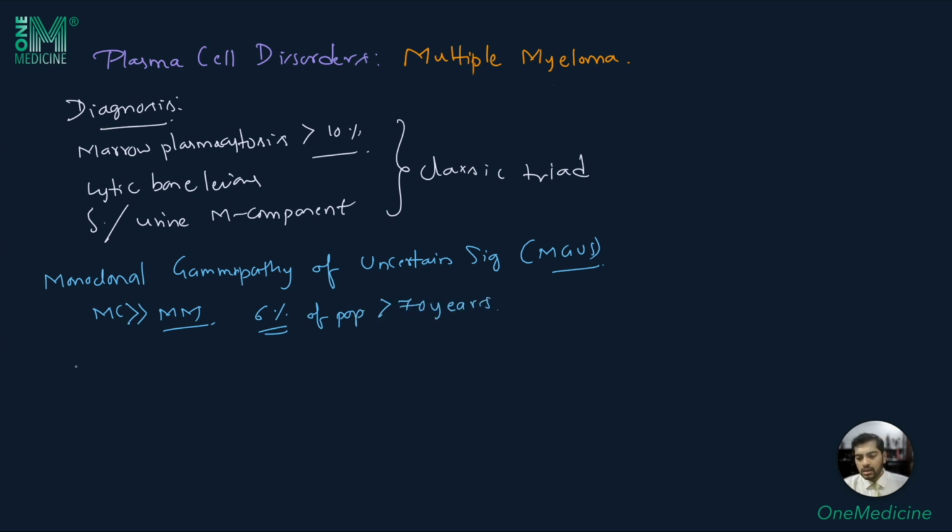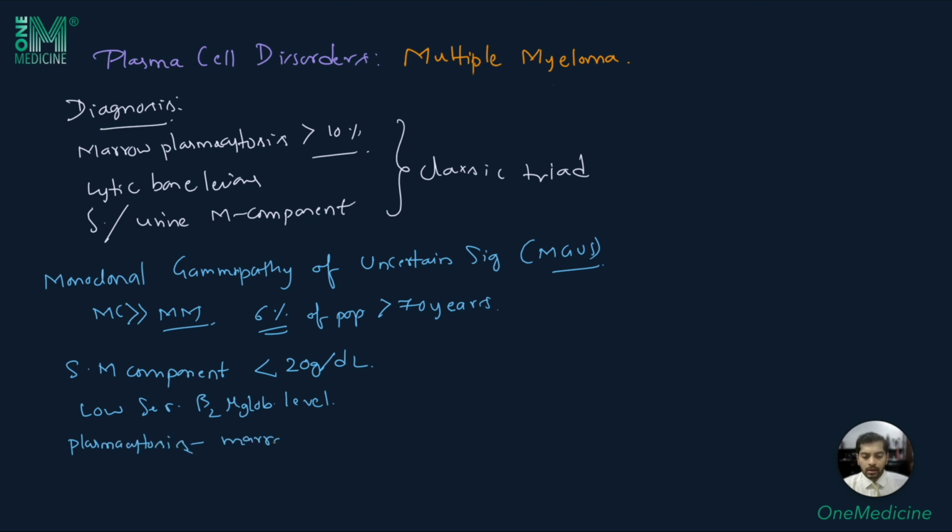These patients classically have a serum M component of less than 20 grams per deciliter, low serum beta 2 microglobulin levels, plasmacytosis in marrow will be less than 10%, and there will be no bone lesions or lytic lesions on X-ray.